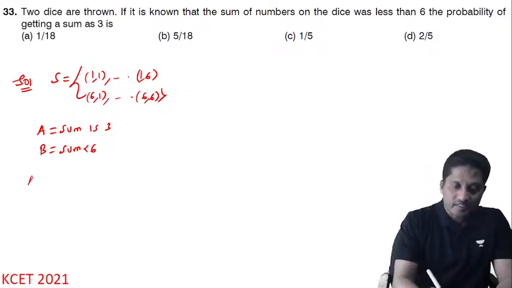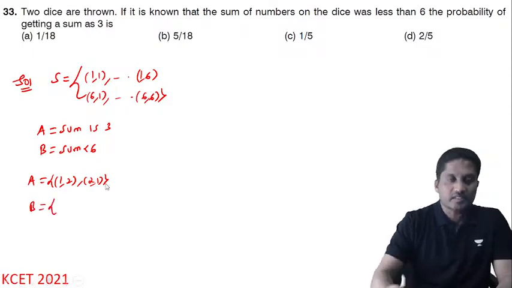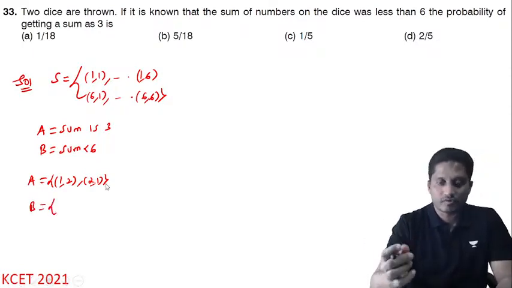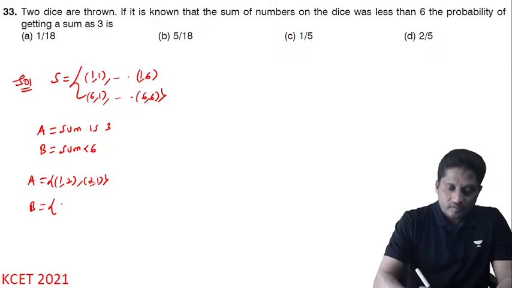Now capital A is equal to sum is 3. So I can take 1, 2, 2, 1, right? And capital B is equal to sum should be less than 6. Sum is less than 6 means sum should be 2, 3, 4, 5. Sum is 2 is 1 comma 1.